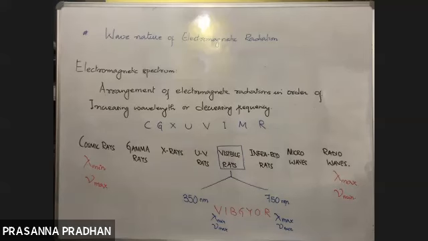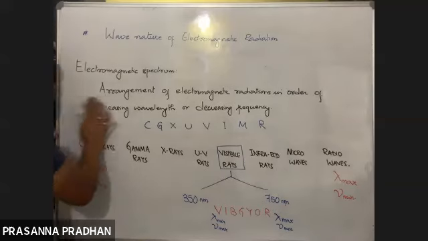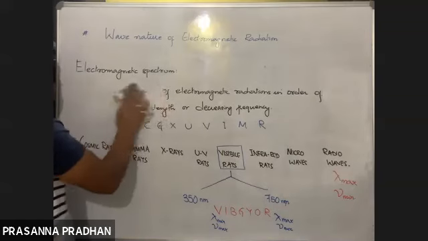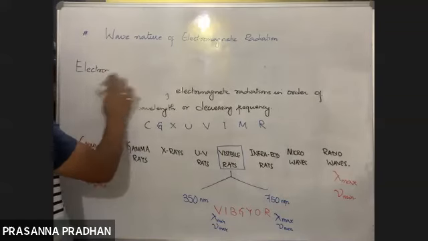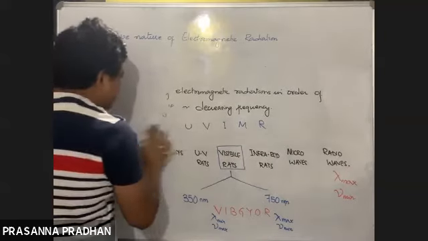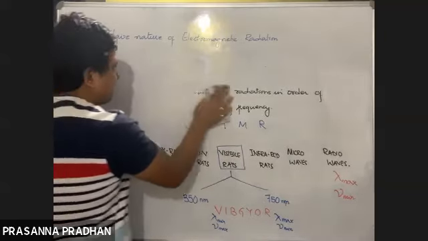Okay, now you have to remember certain things here: the relation between wavelength, wave number, and frequency, and the relationship of electromagnetic radiation with them. Some elementary ideas are required.